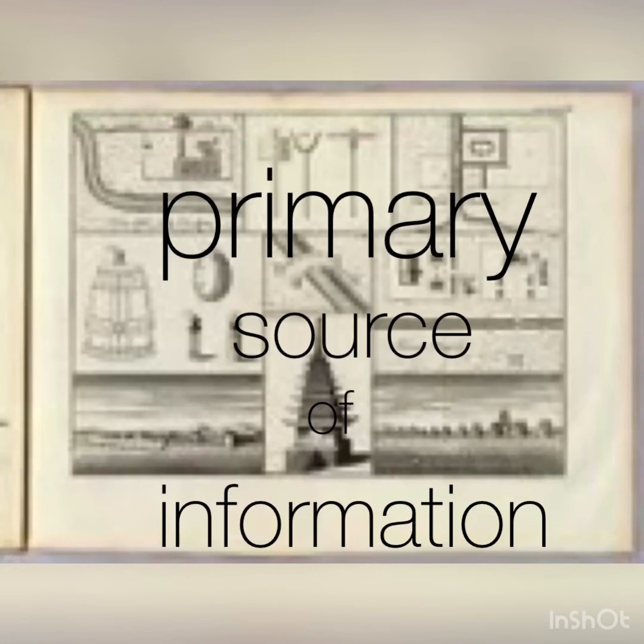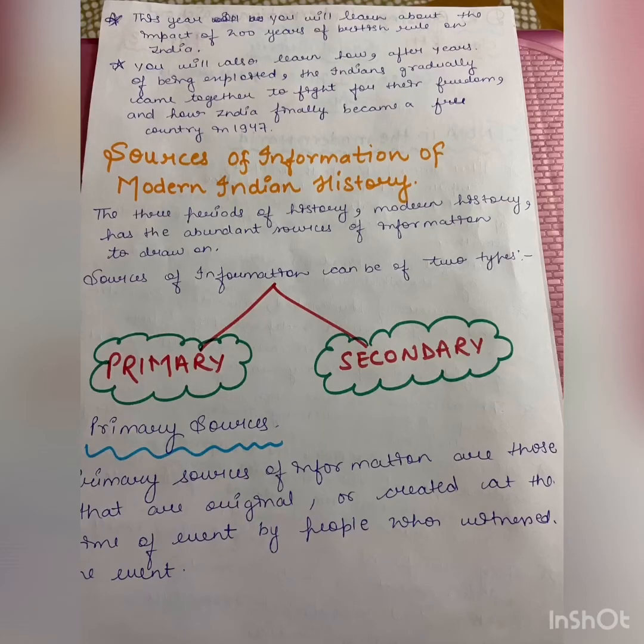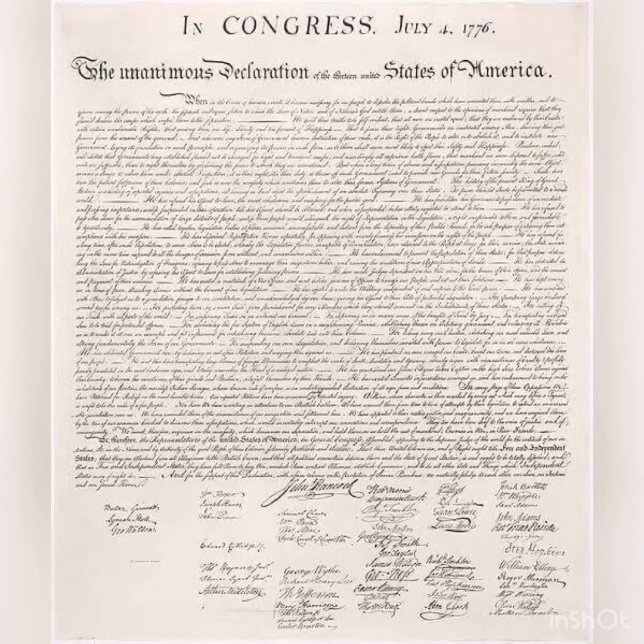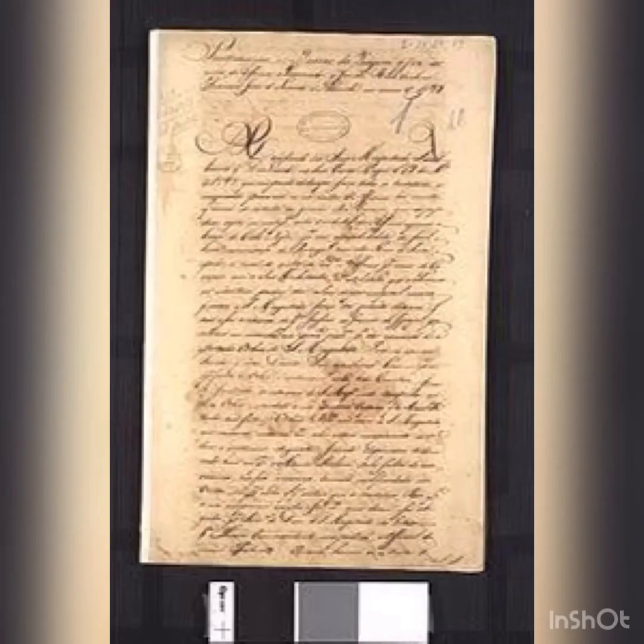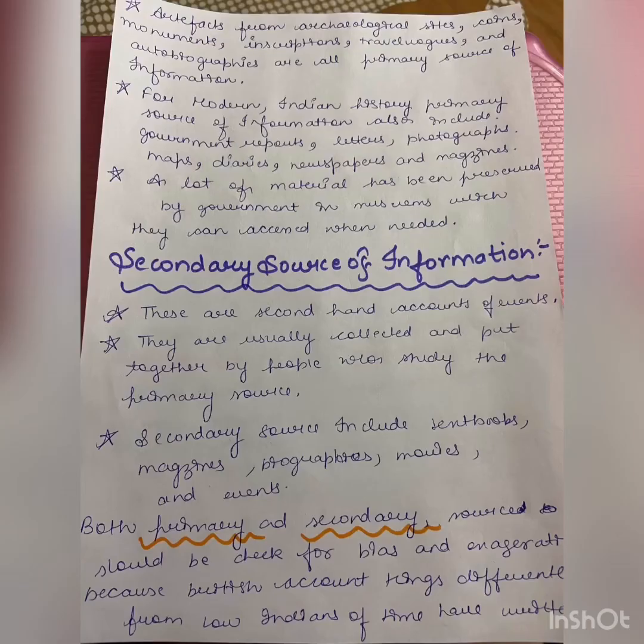Primary sources of information are those that are original, where people witnessed the event at the same time. Artifacts from archaeological sites, coins, monuments, inscriptions, travel works, and autobiographies are primary sources of information.